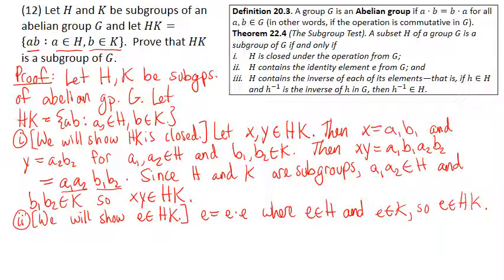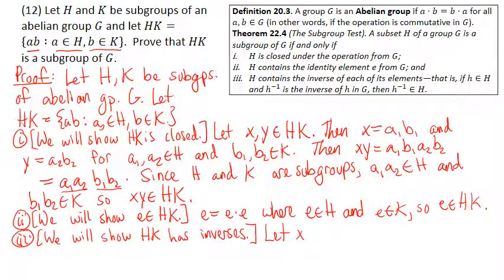And then part 3. So we need to show that we have inverses. Okay. So let's consider a generic element in, I'll just call it X again. Let X be in HK.